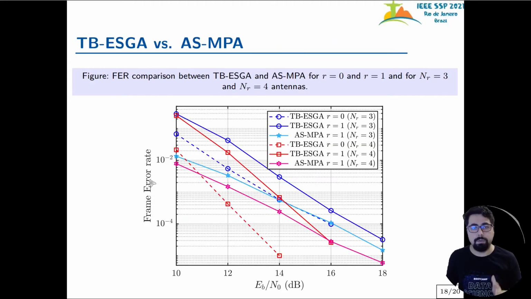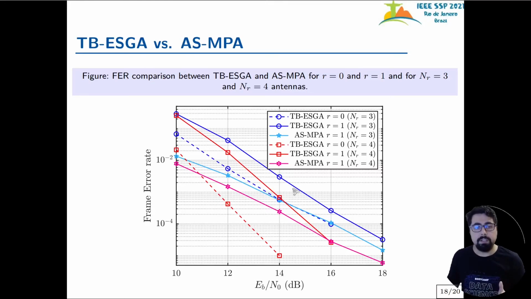Finally, we show the results of antenna selection MPA. Blue curves are for NR equals 3 receive antennas, and red curves are for NR equals 4. Star markers show the antenna selection algorithm in each case on top of the previous threshold-based simulations. Also, note that antenna selection MPA applies full Gaussian approximation. Its main cost is finding the best subset of receive antennas for each function node.